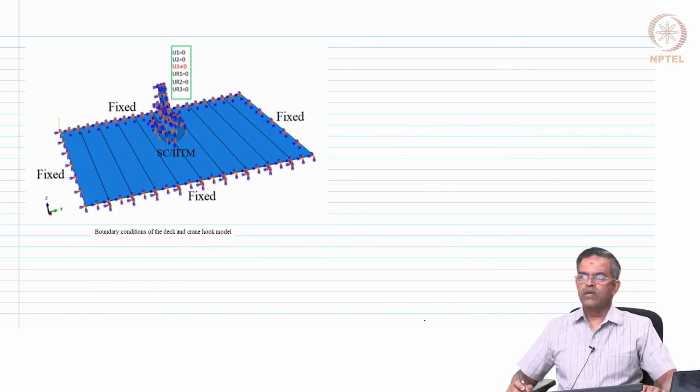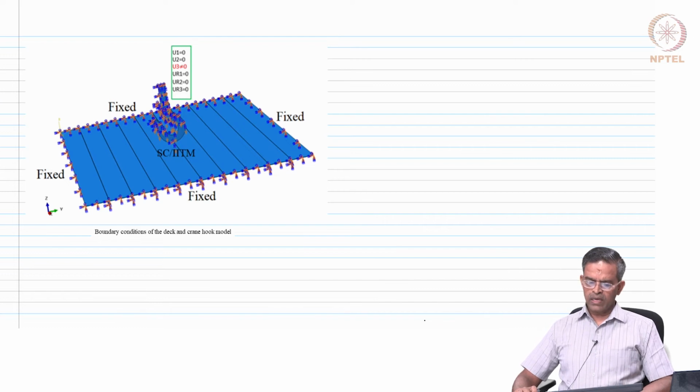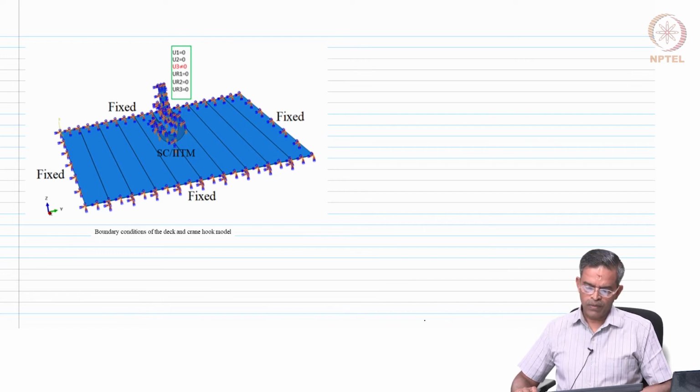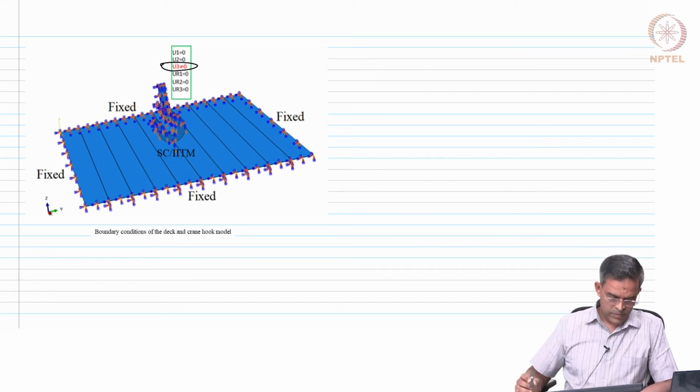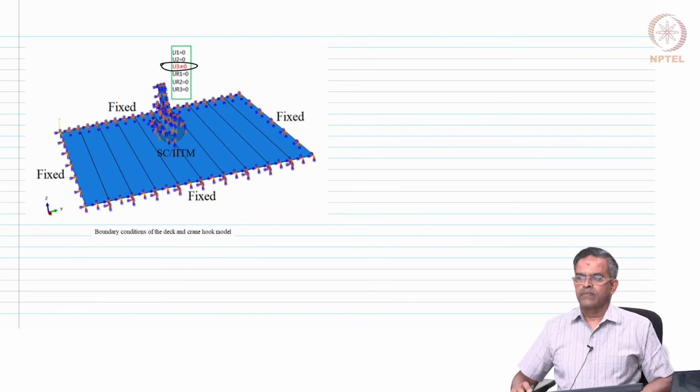The analysis is carried out in Abaqus, and the boundary conditions for the deck and crane hook model are explained on the figure shown on the screen. The crane hook can have a rebound effect only in one direction, as you see here, remaining all are restrained.